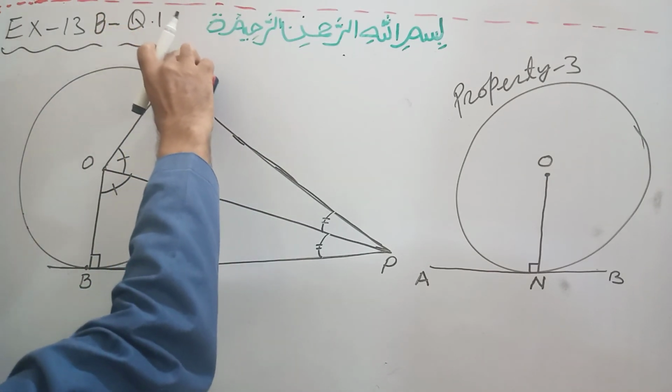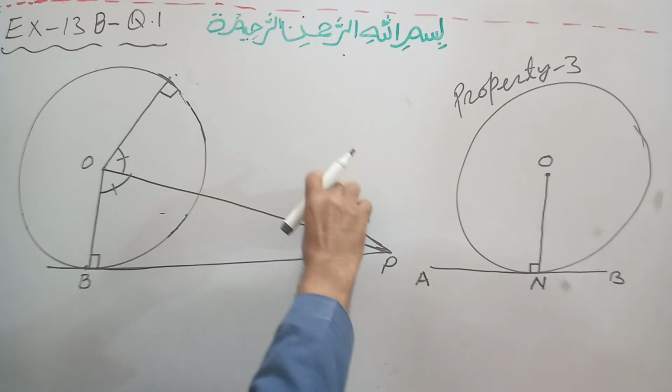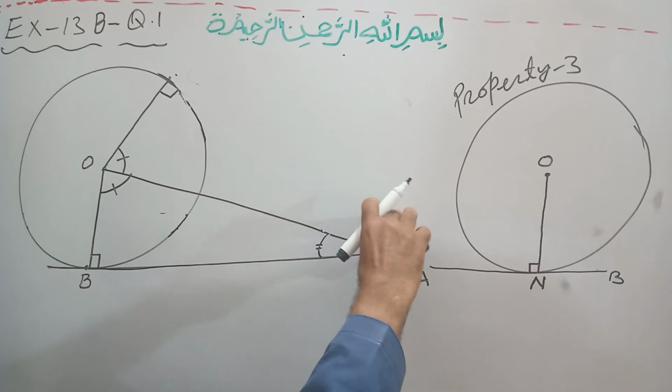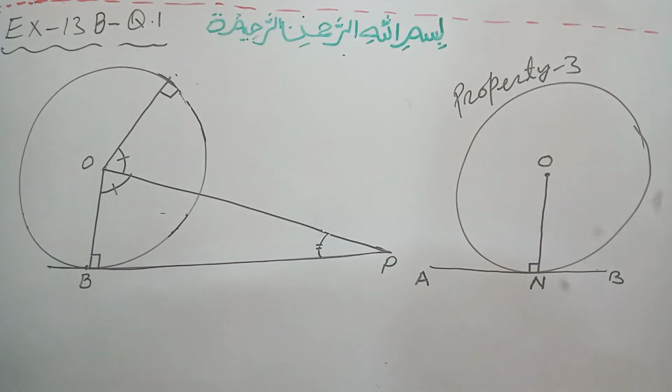In the diagram, P is the point at which the tangent meets the circle.